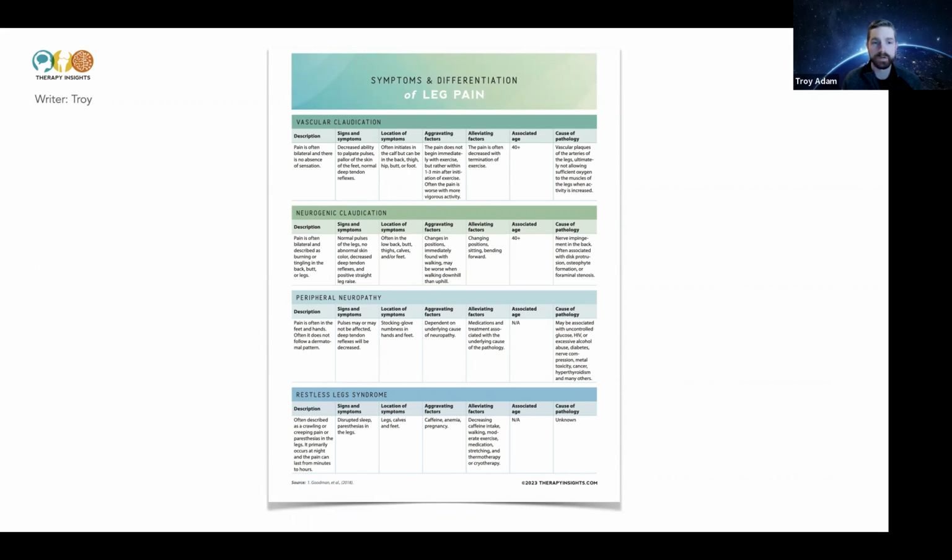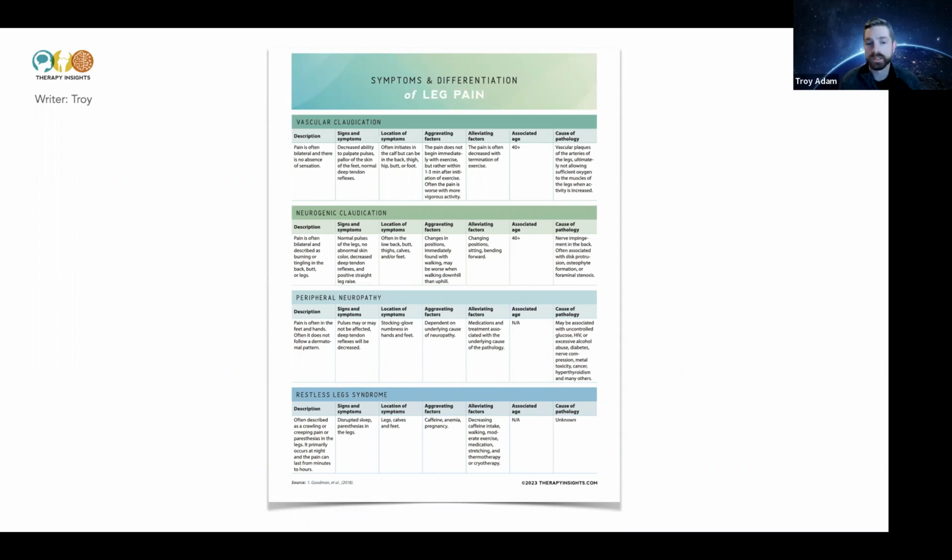This is driven often, in this case, by nerve root compression or compression on a peripheral nerve. Peripheral neuropathy, which is damage to those peripheral nerves as well. We'll talk about the specifics of it, and then restless leg syndrome. So those are the four different diagnoses that it goes into.